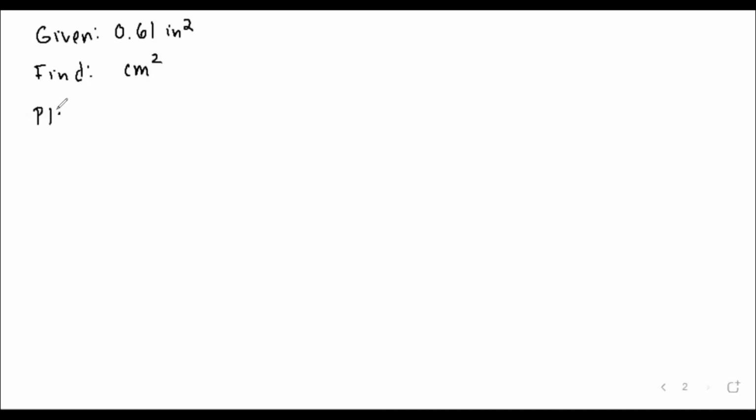So if we work out a plan, we want to go from square inches, which we're given, to square centimeters. And we know our conversion factor to go from inches to centimeters is that there's 2.54 centimeters for every 1 inch.